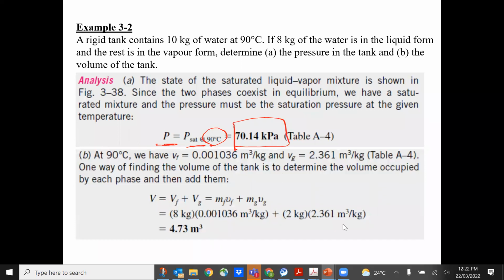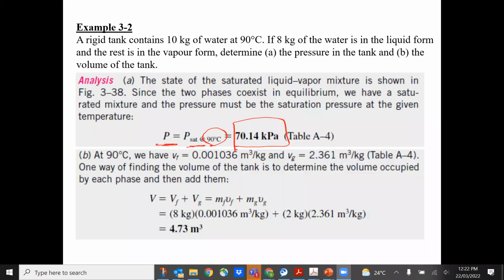You have 70.18. Yes, because these questions, especially from the book, use software. We call it EES, Engineering Equation Solver.